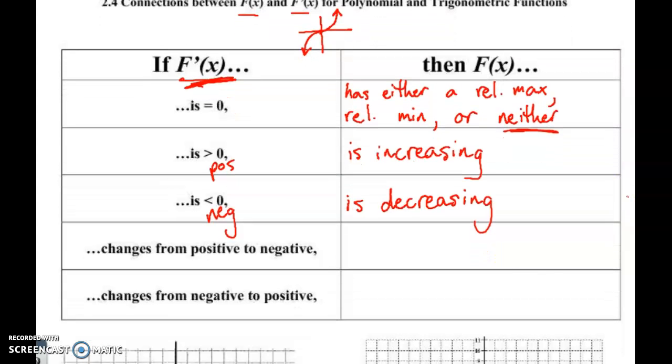What about if the derivative changes from positive to negative? Then the function must change from increasing to decreasing. Well, what does that mean if we're changing from increasing to decreasing? Let me change colors. That must be a relative max.